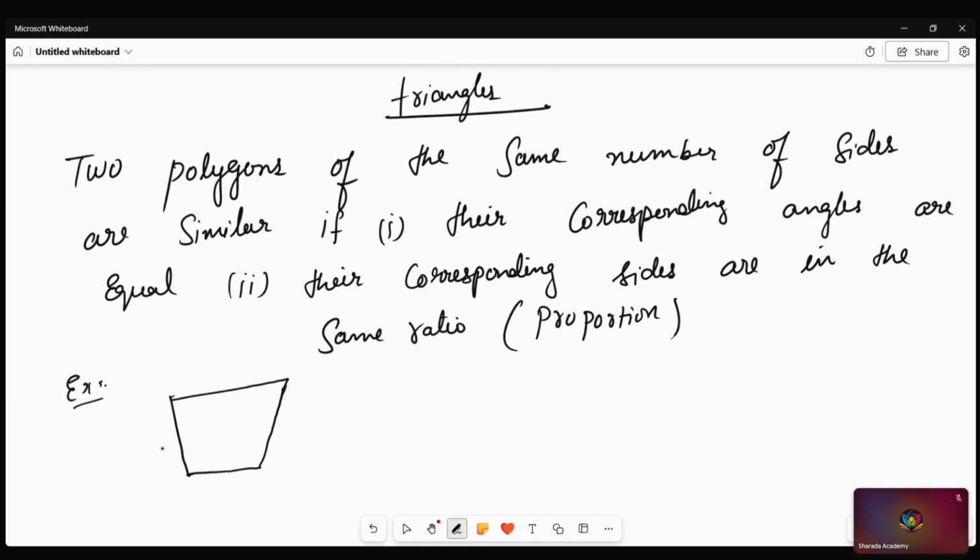Yeah, it's a quadrilateral. Any two polygons can be similar also. Now here we are writing about quadrilaterals. Next, we will study triangles particularly.